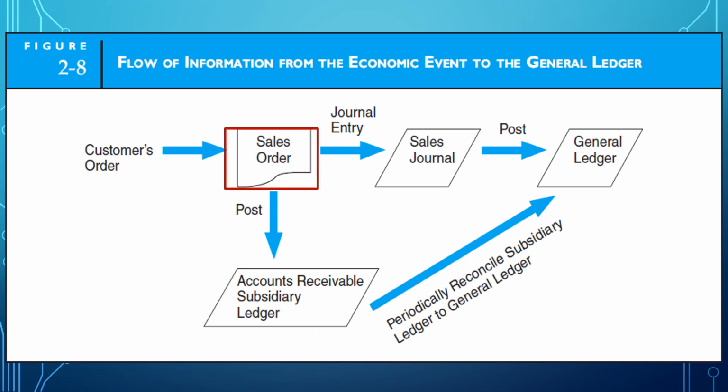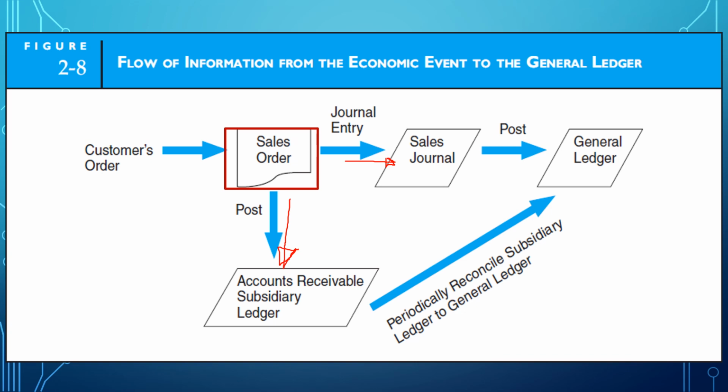So normally we start with the source document, which is the sales order, which comes from data collection, collecting and processing the customer order. So the internal system will create the sales order. From the sales order, it will record the sales journal for this transaction, and it will also post to the subsidiary account receivable ledger.